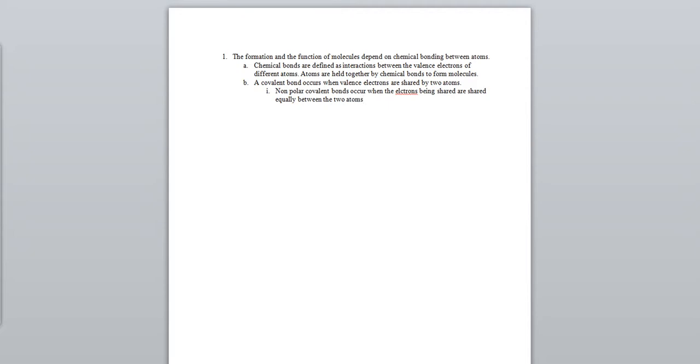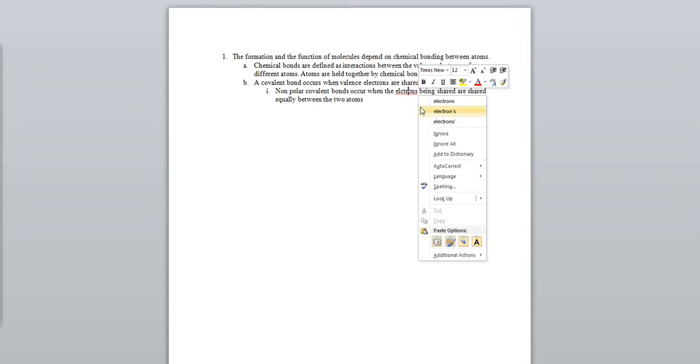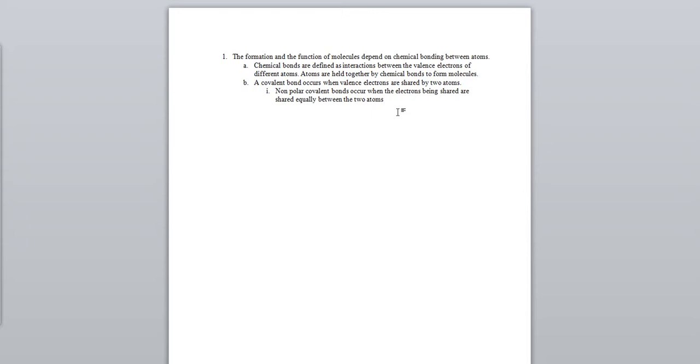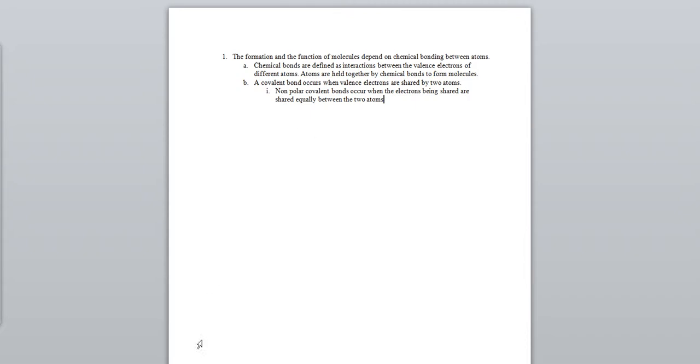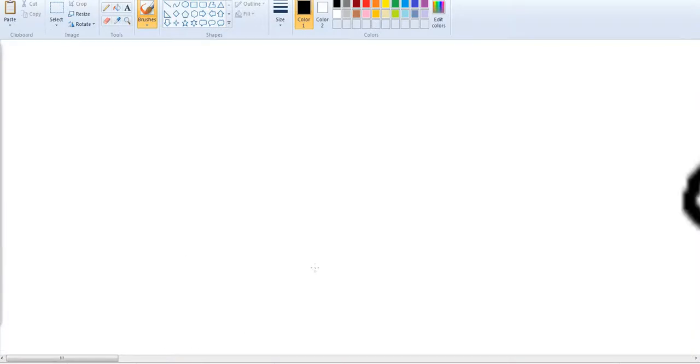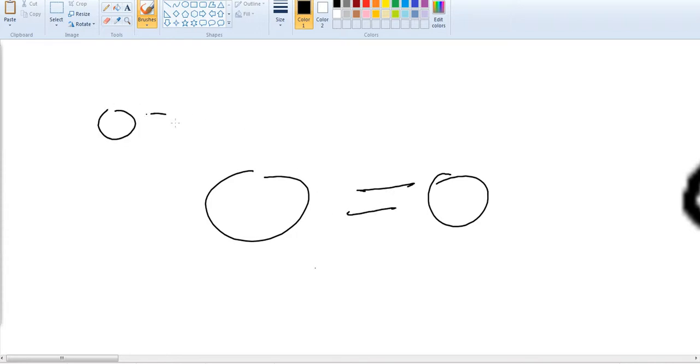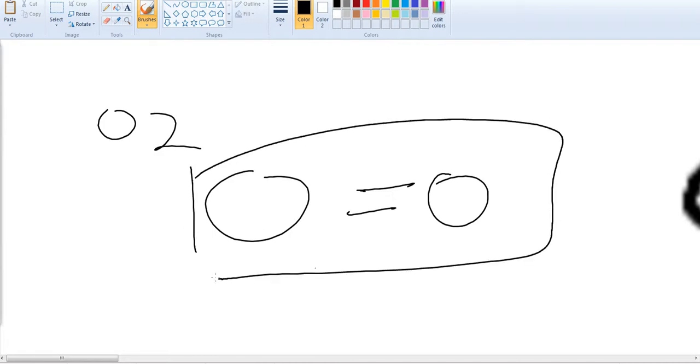So, for example, if you had an element here, an element here, non-polar covalent bonds would be oxygen, O2, right? This is oxygen right here. This is the first atom of oxygen, second atom of oxygen, and they're being shared equally by a double bond.